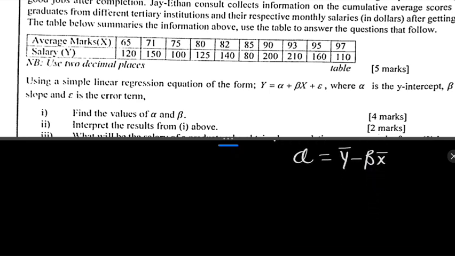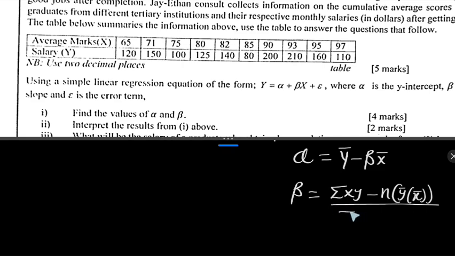To find beta, which is the slope, the formula says it is the summation of xy minus n into bracket y bar multiplied by x bar, all divided by the summation of x squared minus n times x bar squared.